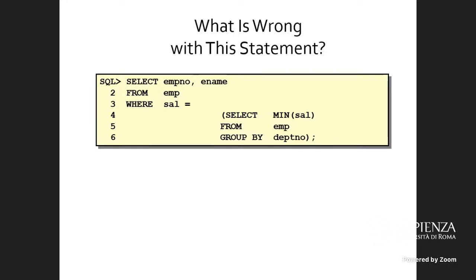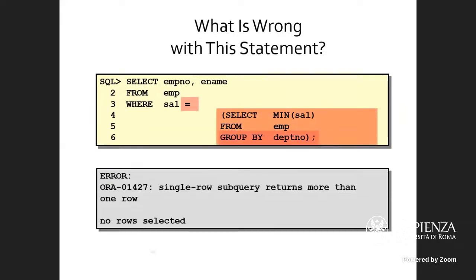It's a multiple row subquery, and it's a single row operator that was used with it, just equal to. Okay. So that's it. Single row operator with multiple row subquery.